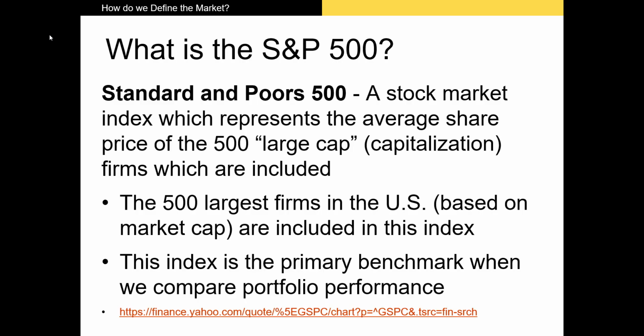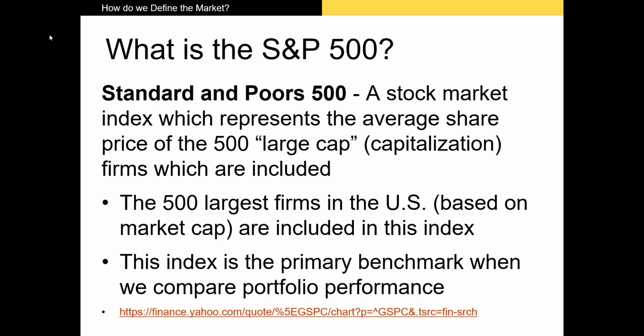Now let's talk about the S&P 500, because this is what we often think of when we think of the market in the United States. The S&P 500 is a value-weighted index of 500 large cap stocks in the US. Value-weighted means that the stocks are weighted based on the percentage of the total market cap represented by each stock in the S&P 500.